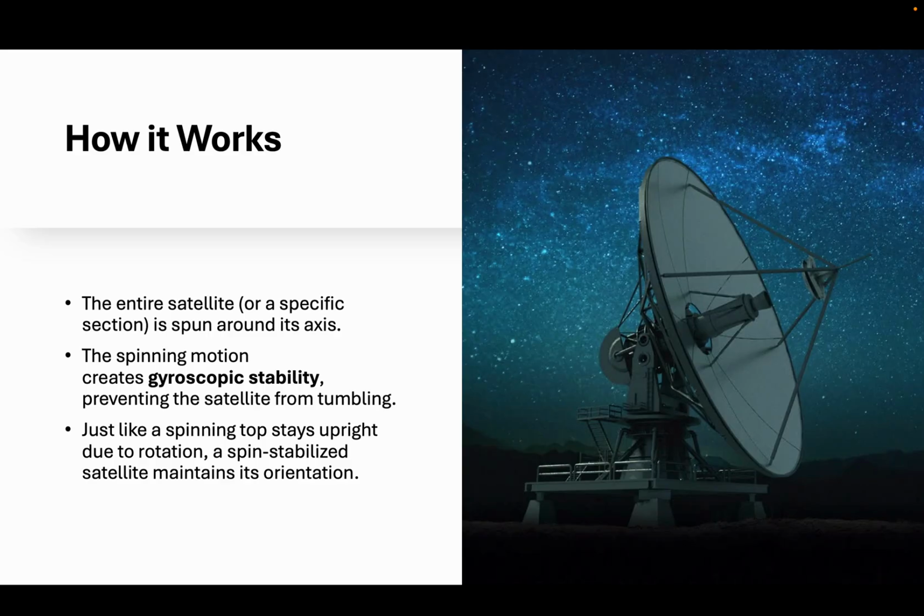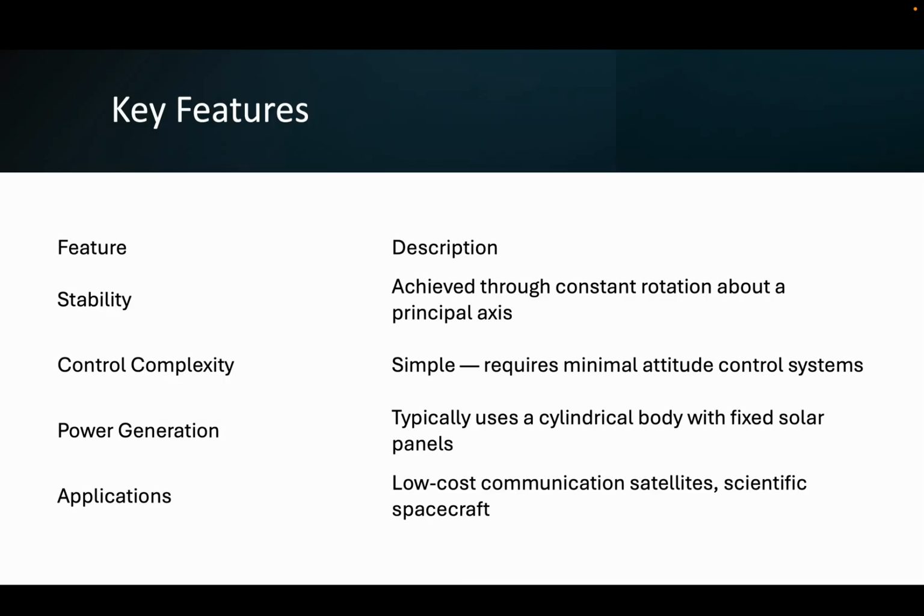So just like how a spinning top maintains its axis stability, in a similar manner we also have stability maintained in satellites by spinning. The key features of the spin stabilization method are that it is achieved through constant rotation about a principal axis.